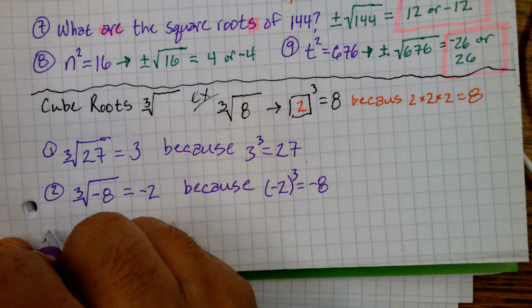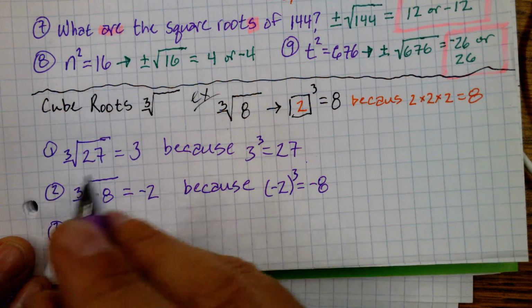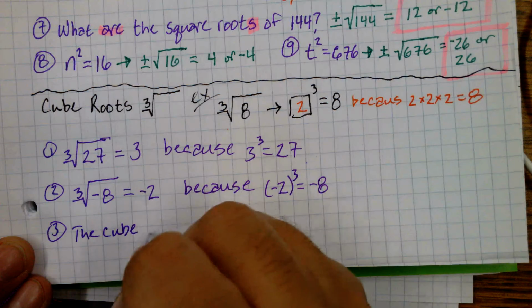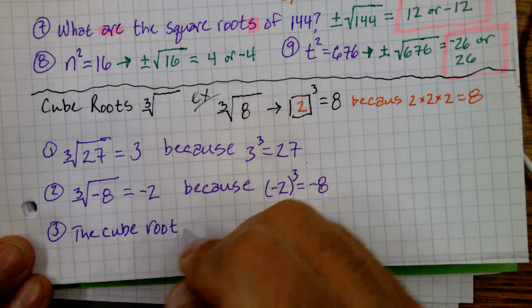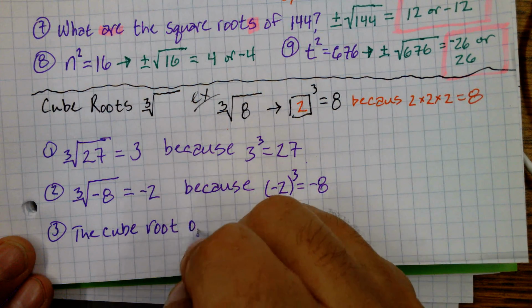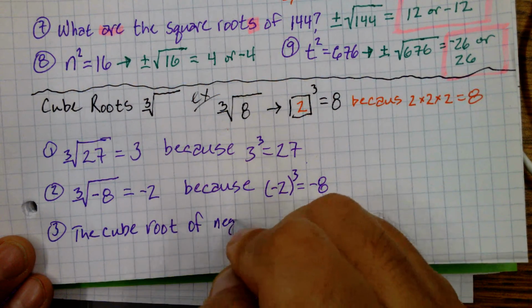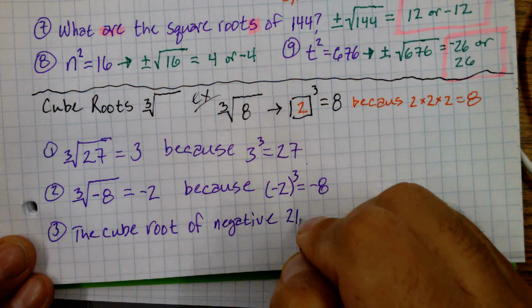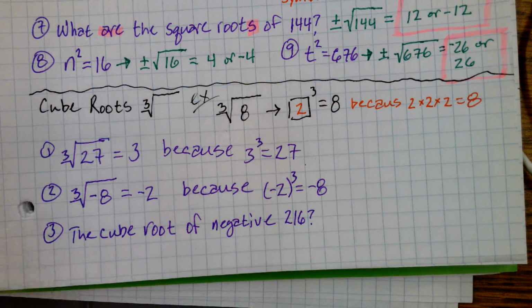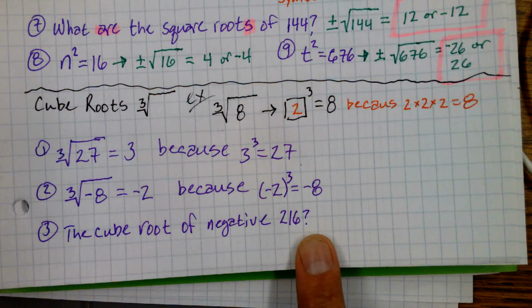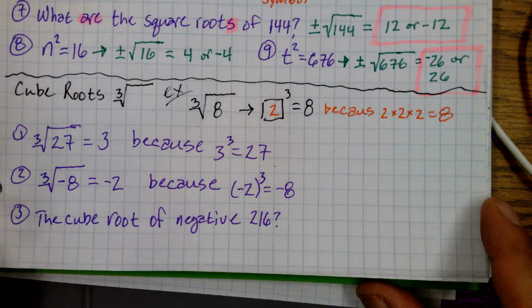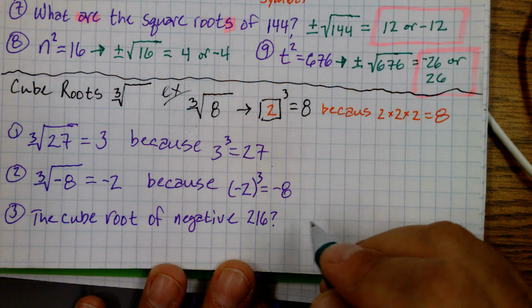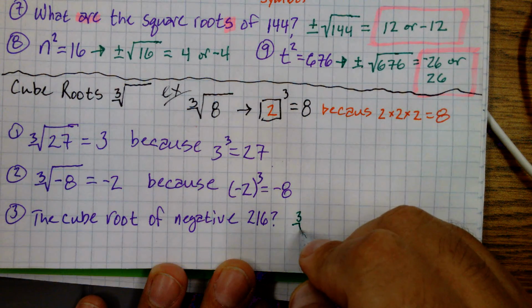So this will be the last one. The cube root of negative 216. Well, that tells me to write this.